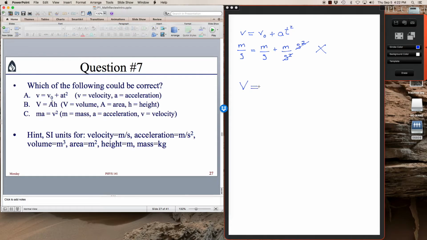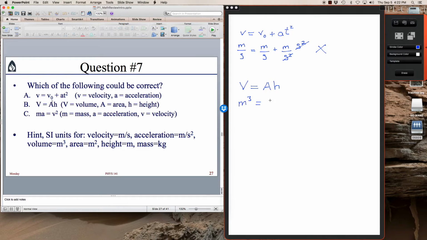So here, this is a different V. Instead of a little v meaning velocity, this is a big V meaning volume, is equal to area times height. So volume has units of meters cubed.